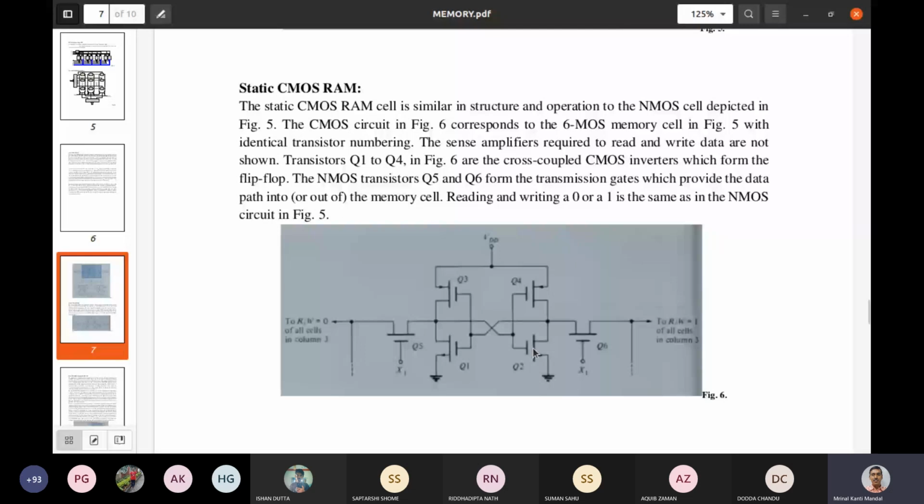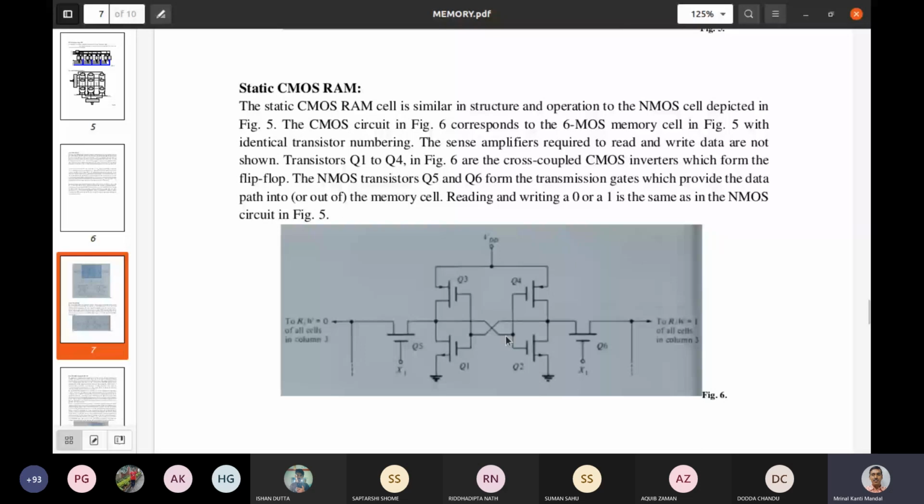If this output voltage is high, that means its input voltage is low. So the output is high, and this high voltage will operate at its input. So this is high voltage, so its output will be low. So this low voltage is connected here. And vice versa is also true, right?